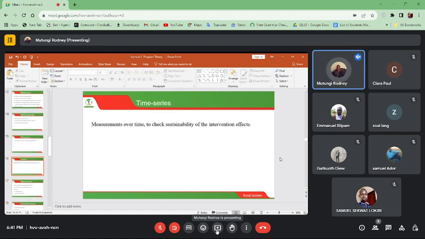Then the time series is used to check the sustainability of intervention effects, and basically takes place periodically. It could be over 1 year, over 3 years, over 5 years, so you keep on making these evaluations over time to check if there is a sustainability of an intervention effect.